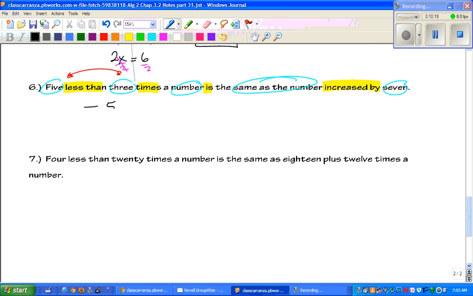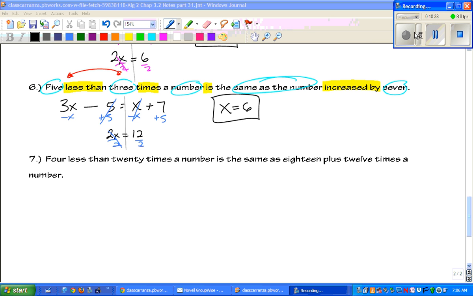So when we subtract, the 5 goes to the back. 3 times the number is 3x, is the same as that number increased by 7. Okay? So why don't you guys go ahead and pause the video and see if you can solve it. Okay, and after you solve the problem, you get x equals 6.